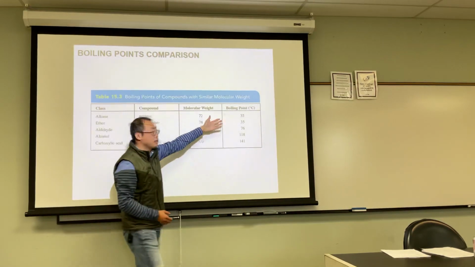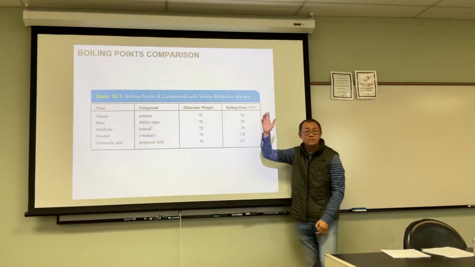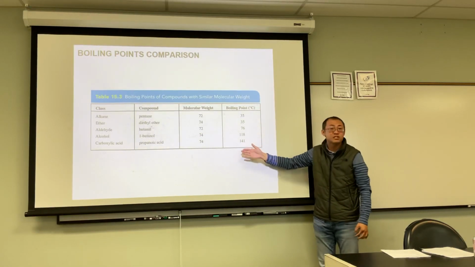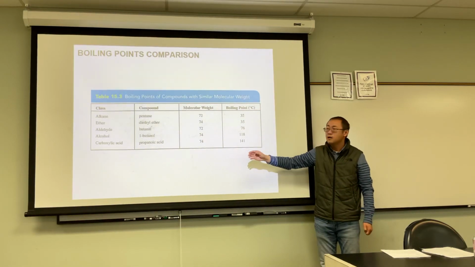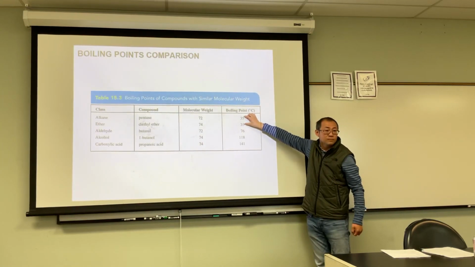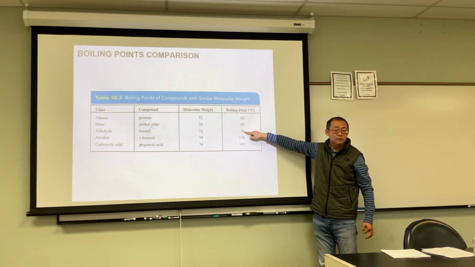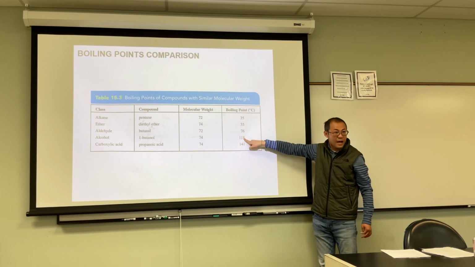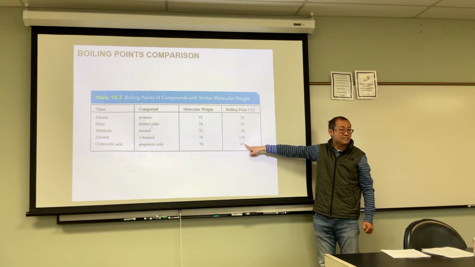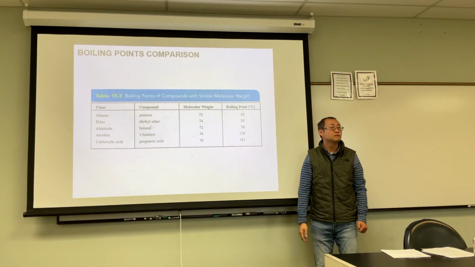And you can see their boiling points. Of course the numbers don't matter much, but take a look at the differences. Alkane and ethers are very similar, the same. Aldehyde, higher. Alcohol, higher. And carboxylic acid is the highest so far.